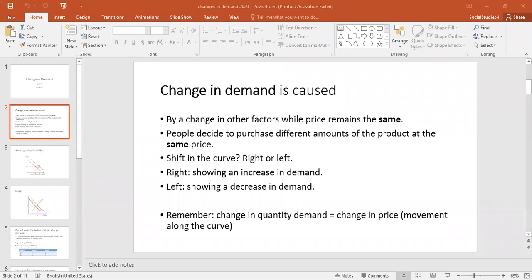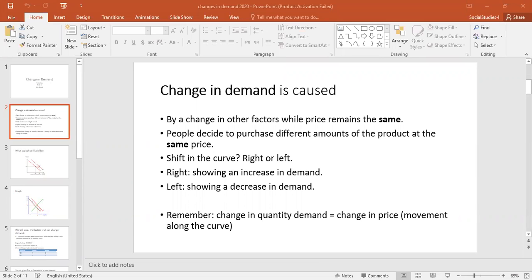Okay, so today I'm going to focus again on demand. Remember this whole chapter is about demand, and we're only going to focus on the factors that affect demand while price actually stays the same. So now we're not looking at price going up or down. We're looking at other factors that can possibly influence our demand while price remains constant.